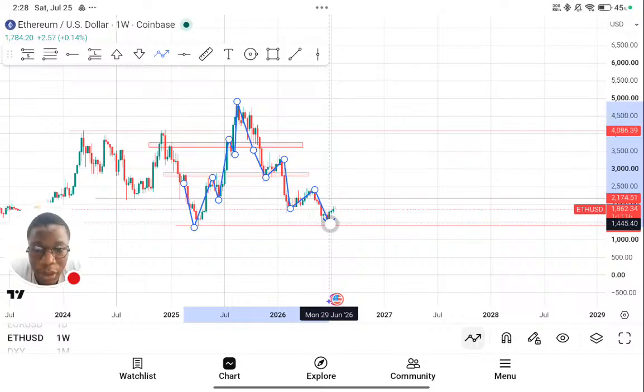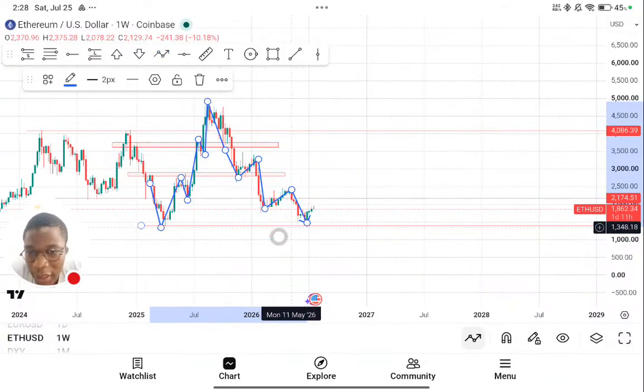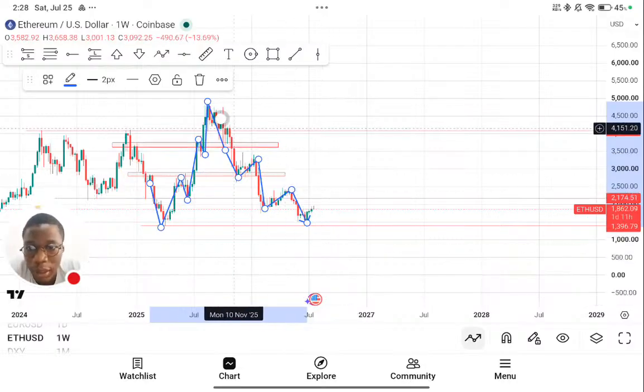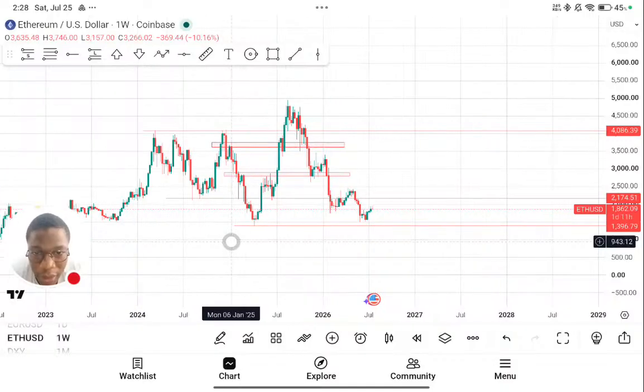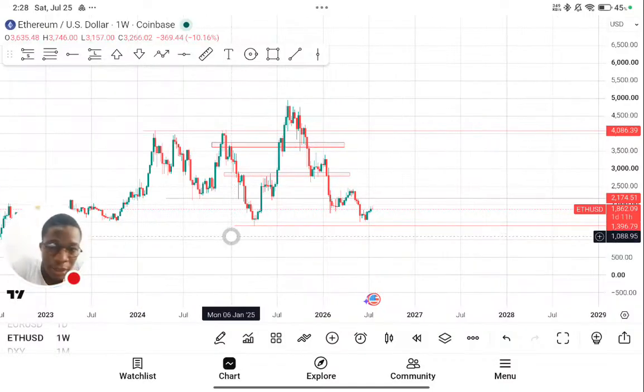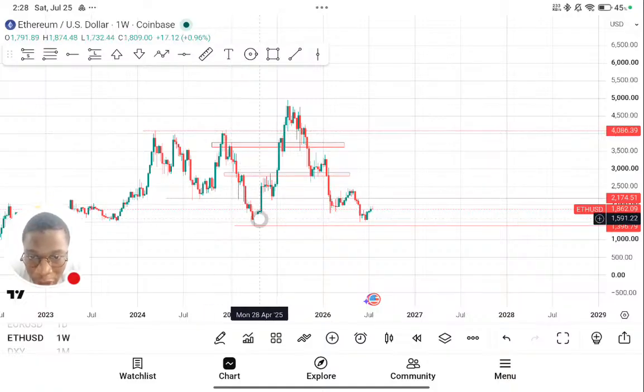Now a new low is created, right? But here is still a support level, a very strong one, because anything you see here is very, very relevant. So in this kind of case, this is the high, this is the low.